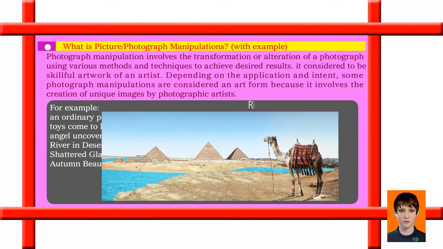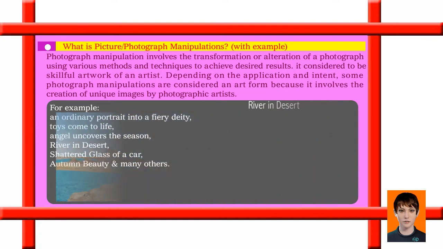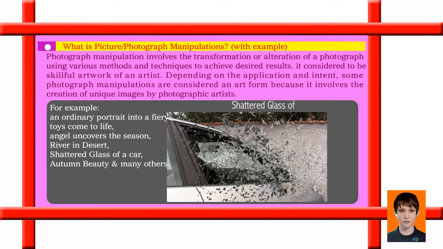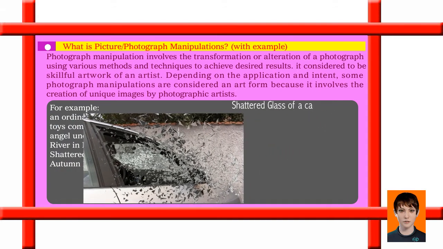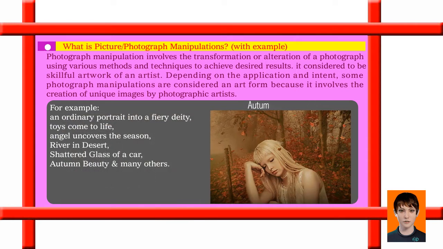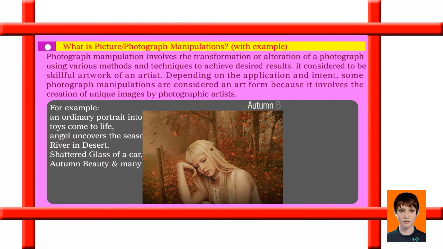Appearance of a river in desert, a sudden surprise for anyone. Shattered glass of a car. Autumn beauty. And many others are such examples of photograph manipulation.